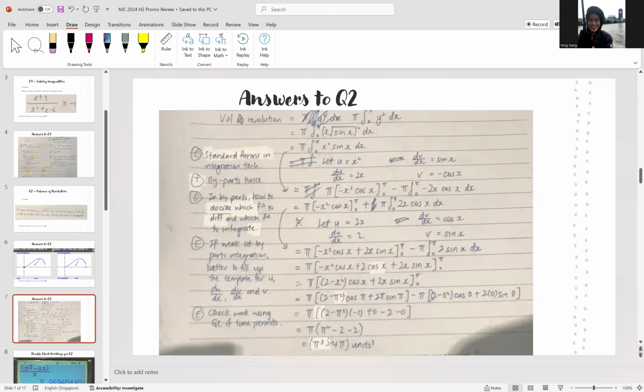You're going to ask yourself in your head, which one to integrate, which one to differentiate? And surely you all have heard of this acronym LIATE, where the logarithmic function is the first priority to be differentiated because the logarithmic function is not integrable but very easily differentiable. So if you follow this order, you have to differentiate the algebraic function first. But why do I choose to differentiate the algebraic function and integrate the trigonometric sine x?